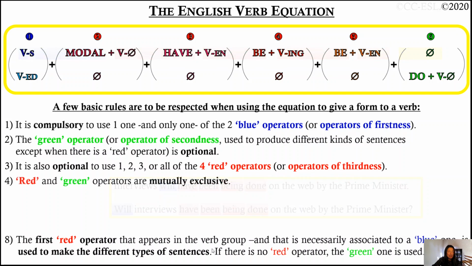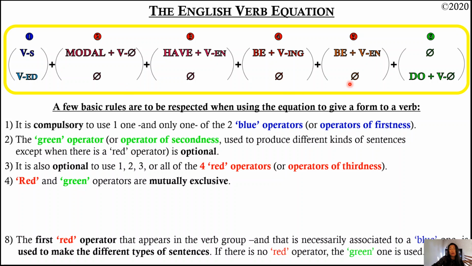So let's write down a few more rules. We have said that the blue operators are compulsory. Anytime you create a verb form, it is either conjugated in the present tense or in the past tense, and then all the other operators are optional.